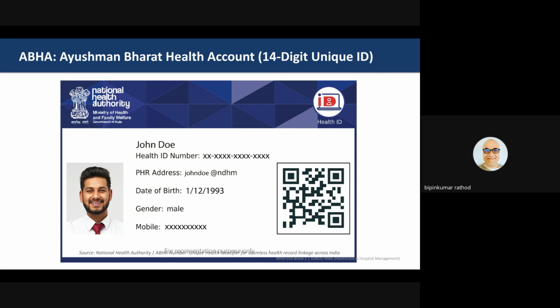ABHA means Ayushman Bharat Health Account, which is a 14-digit unique ID, which has a very minimalistic design, very minimalistic information of the patient who has created it with the help of their Aadhaar card. So you see, that's the 14 number and the QR code. That's a typical identification of the ABHA card.